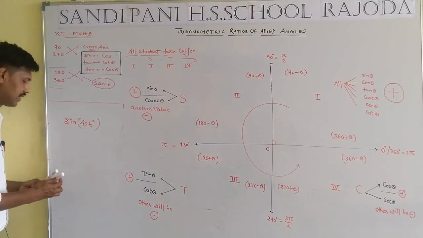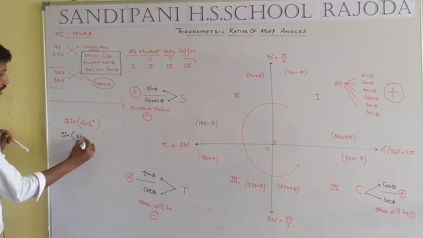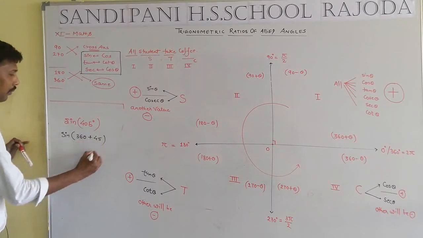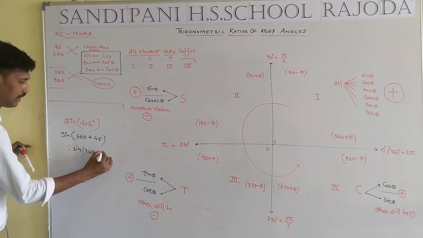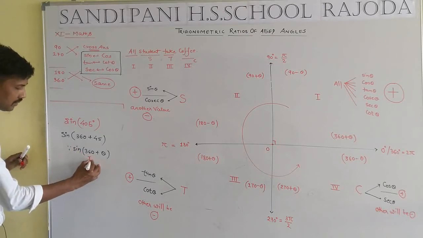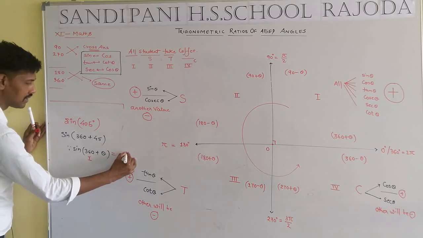That means the final stage is 360. Then convert it into the form of 360 plus 45. Now sine 360 plus theta. In the case of 360 plus theta, firstly we see 360. The message from the 360: same answer. That means sine theta.